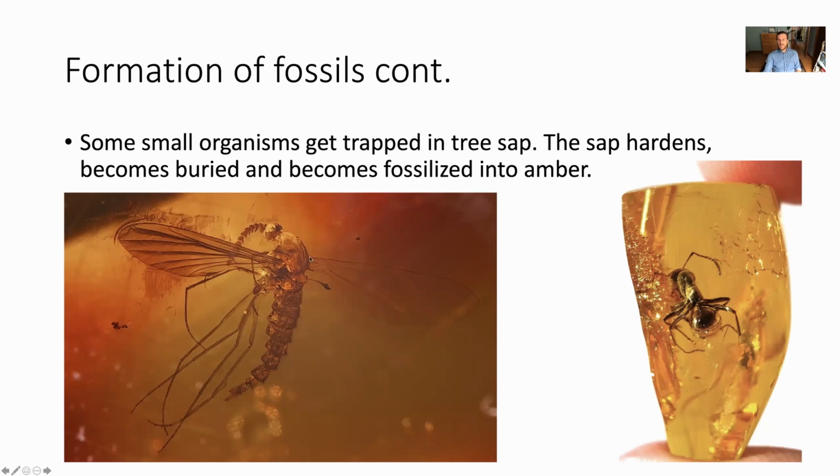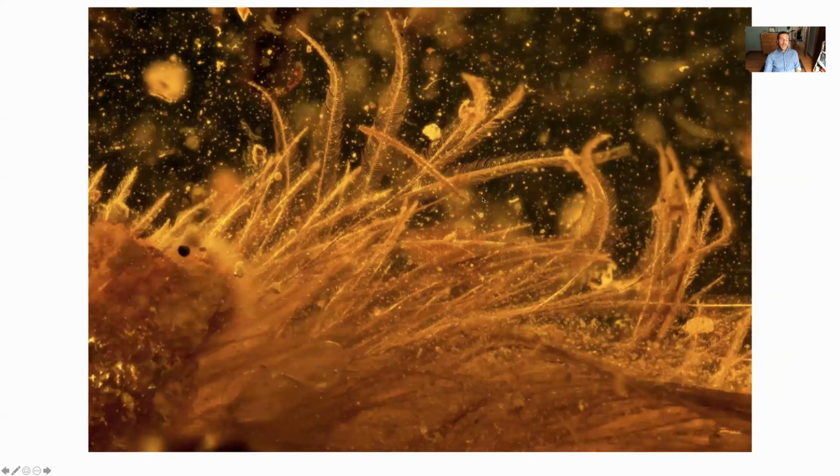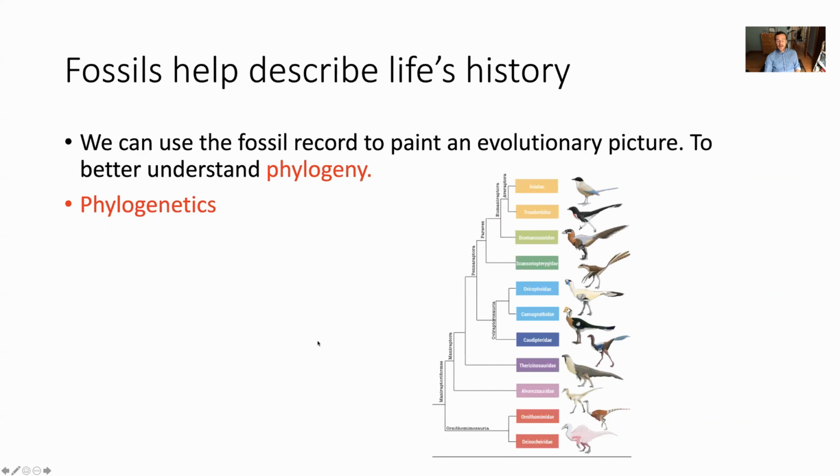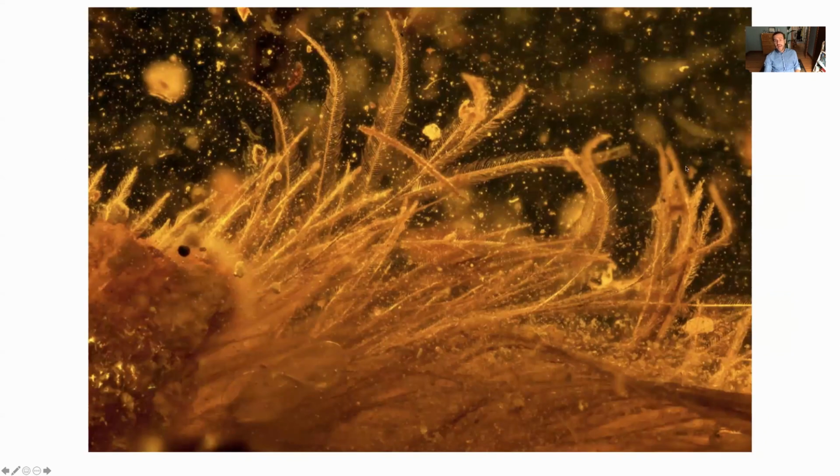Just absolutely incredible specimens. Now, unlike other fossils, the entire organism is encapsulated over time. So this not only has helped us understand invertebrates like these different insects and eusocial insects like these ants, but a relatively recent find out of Burmese amber actually found a piece of dinosaur tail, the tip of a dinosaur tail.